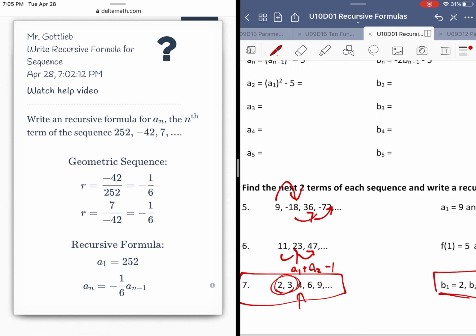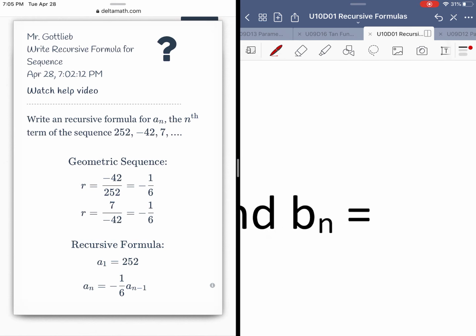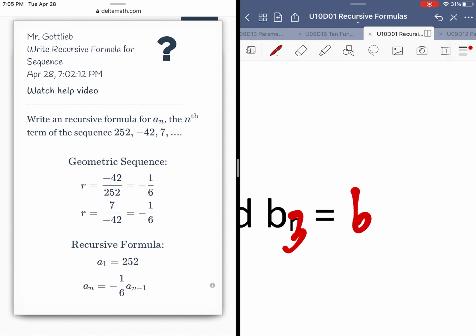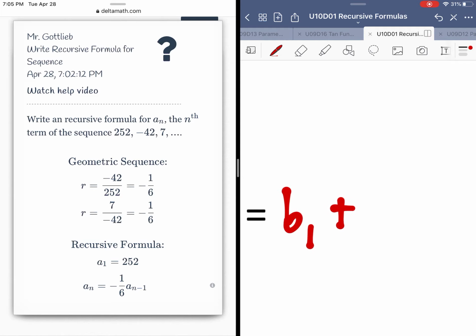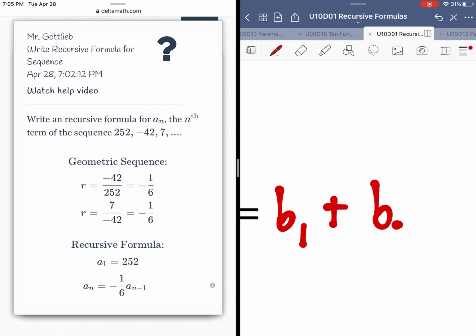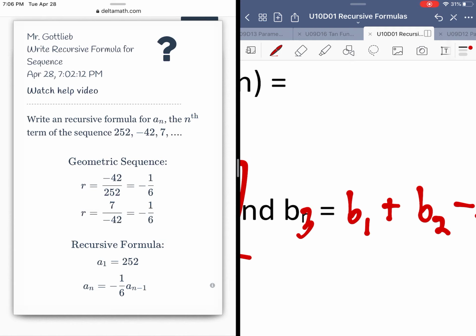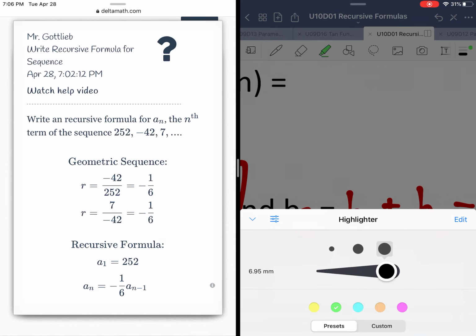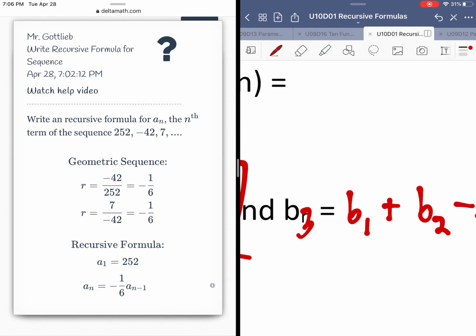So a more general way to write that rule is if I want to find, let's say, the third term, I would have to take the first term and add the second term, and then subtract 1. But if I were to replace these numbers with variables, this would be b_n, and then 1 is 2 before that, so I write b_{n-2}.